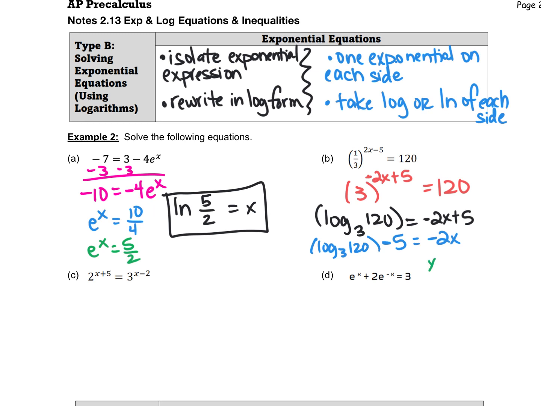Divide by negative 2. And so x is going to equal log base 3 of 120 minus 5 all over negative 2. You can simplify that if you want to, but that's an exact answer. And that's all you have to do. If it's on a calculator section, then you can get a decimal approximation.